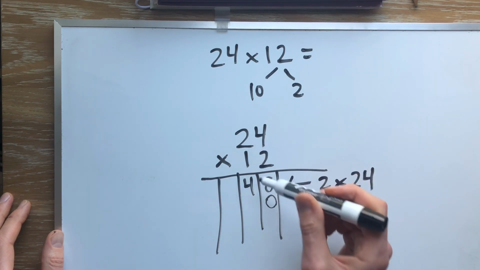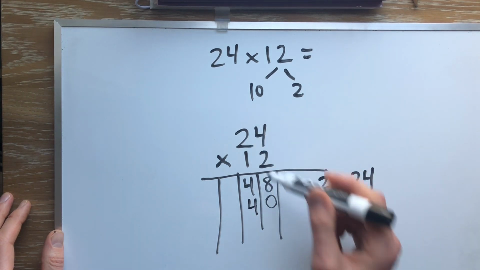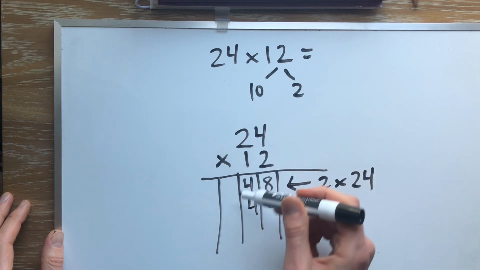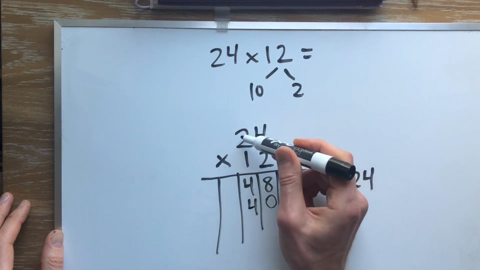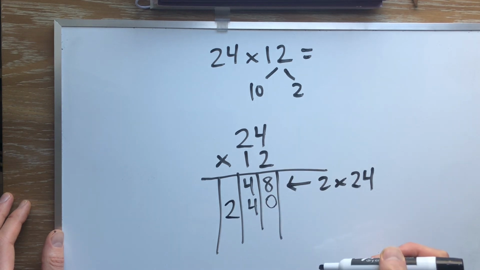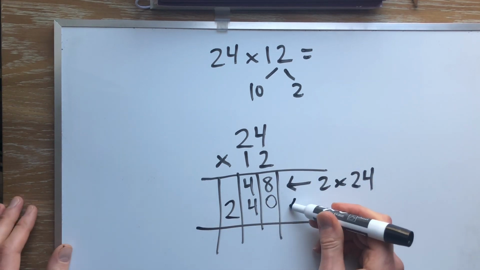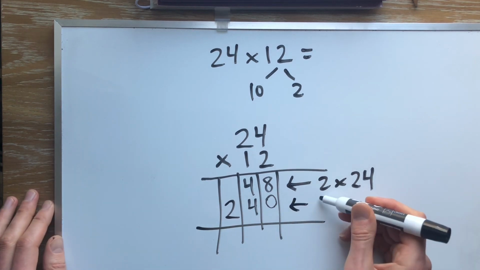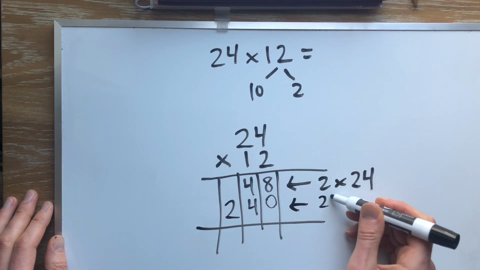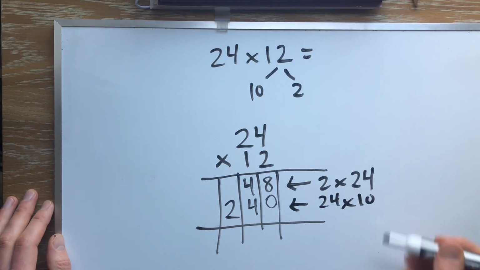Well, 1 times 4 is 4. 1 times 2 is 2. It goes over here because tens times tens are hundreds. And then we add them up. So we just figured out 240. That's the answer of 24 times 10, which we already solved up here, right? So that makes sense. Now we can add them together.